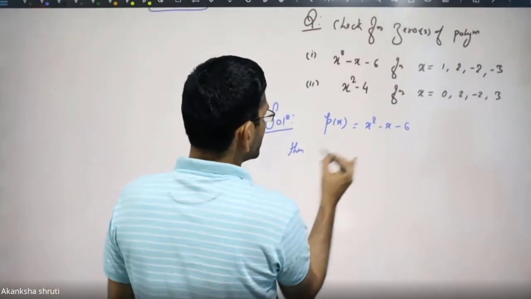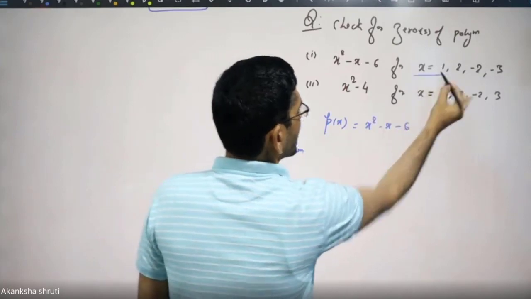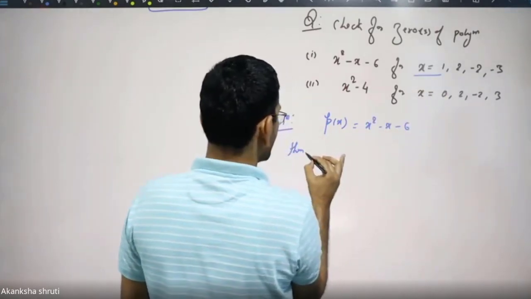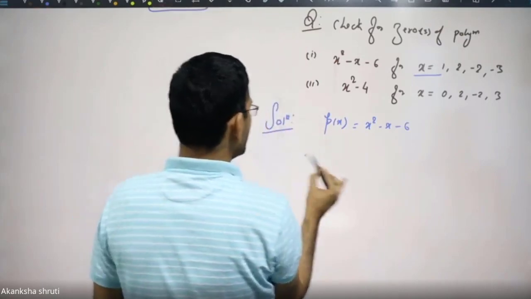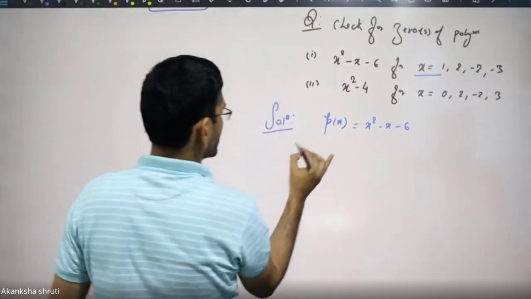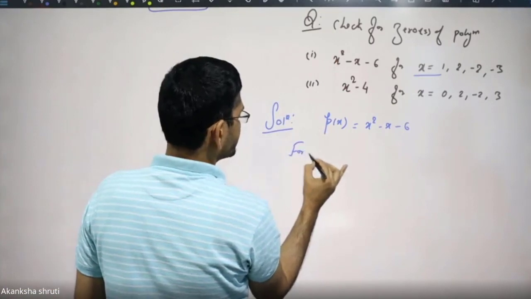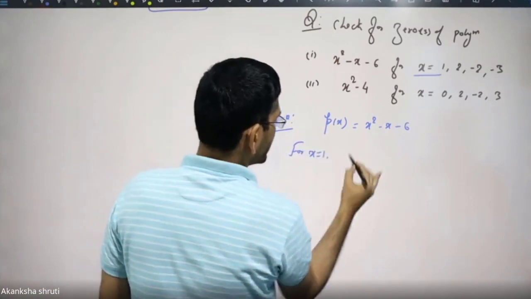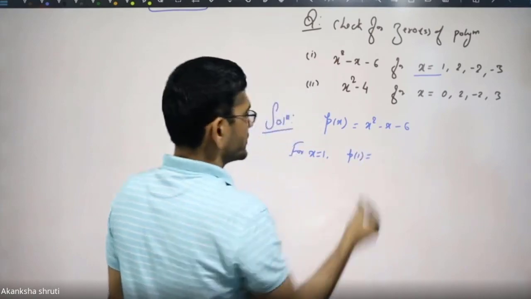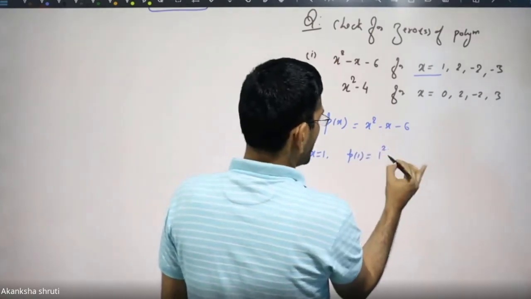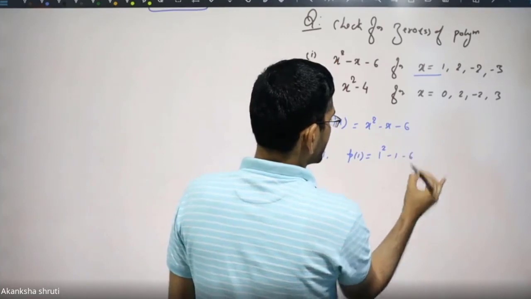Then what about x equals 1? For x equals 1, we are going to check P(1). So it becomes 1 squared minus 1 minus 6.